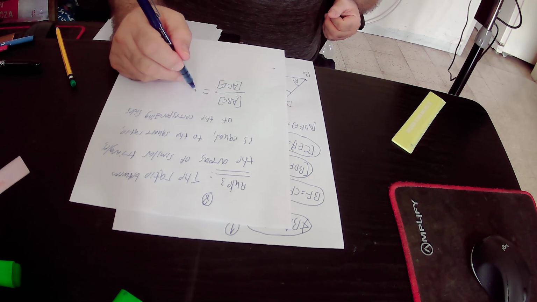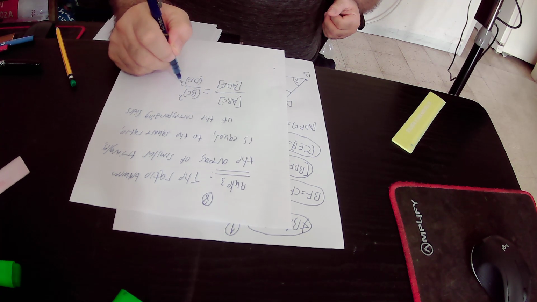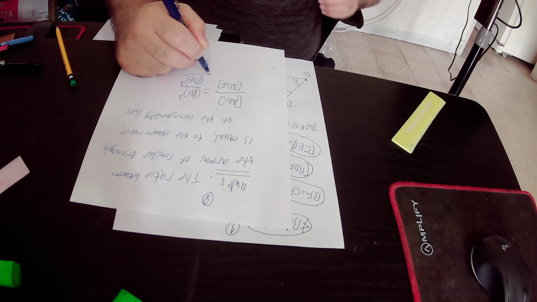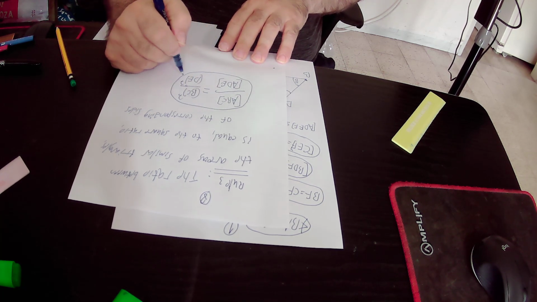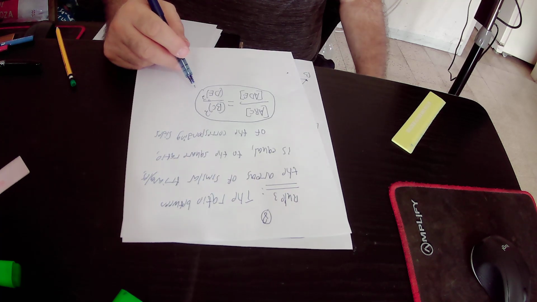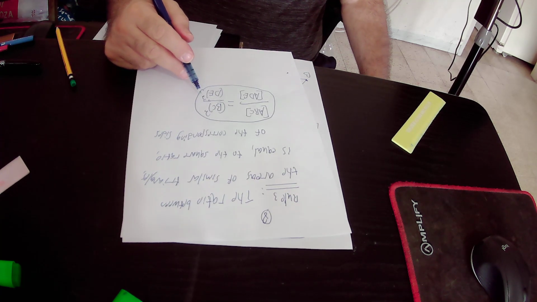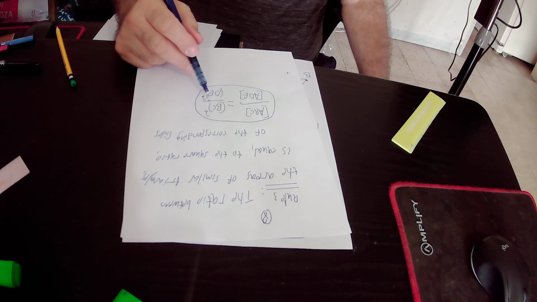That is to say, it will be equal to BC square over DE square. Okay? So that is the meaning of rule number 3, that the ratio between the areas of triangle ABC and triangle ADE equals the square ratio of the corresponding sides. So the area of triangle ABC over the area of triangle ADE equals BC square over DE square.